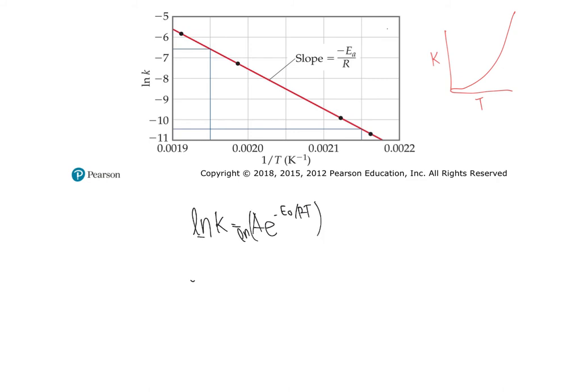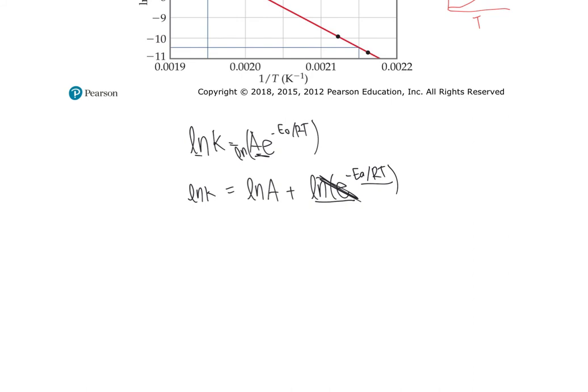So I get natural log of the rate constant k equals, now if I have two things that are being multiplied here, when I do a natural log, what we can do is add them. So I'm going to do natural log of A plus the natural log of e to the negative activation energy over RT. Now this natural log of e cancels out, so I can bring this whole thing down.